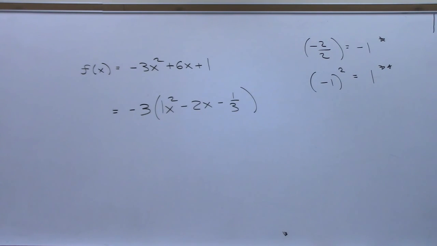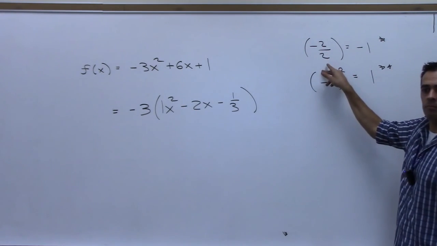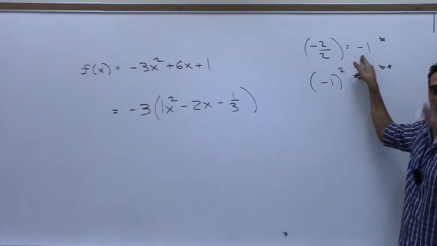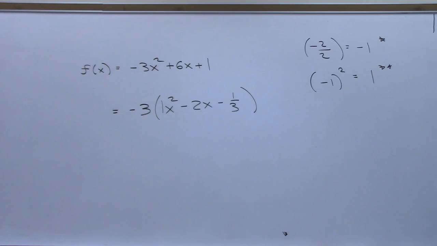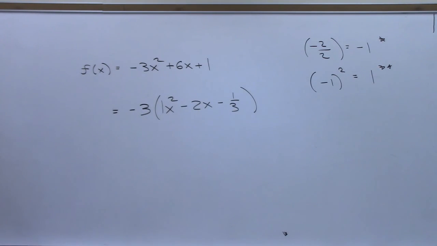Any questions? Go ahead. Negative 1. You're taking negative 2 and halving it. So negative 1. Yes? Okay, what purpose do those first and second numbers that you're getting serve? Like that negative 1 and that 1?